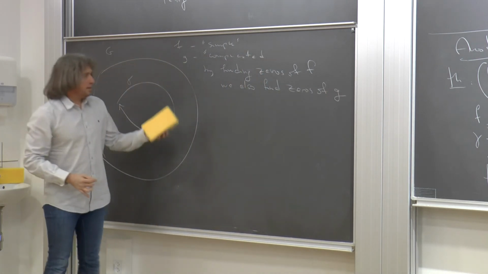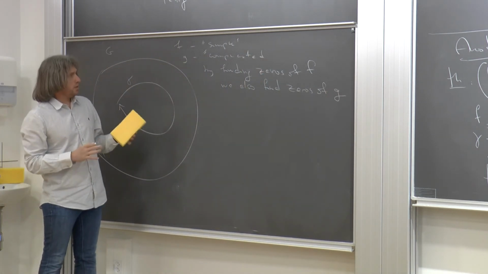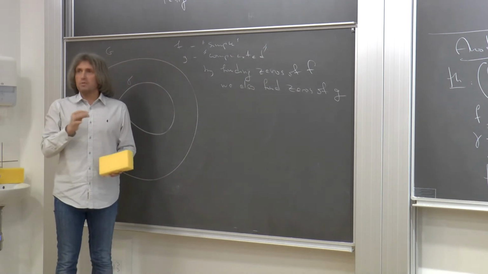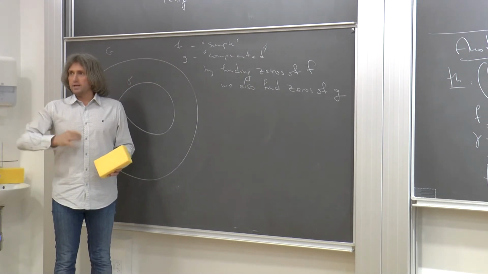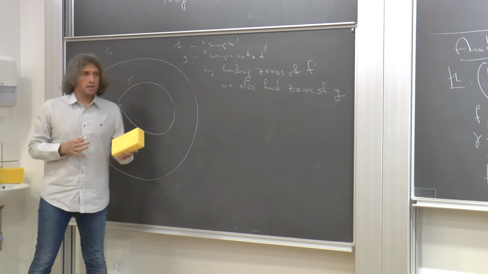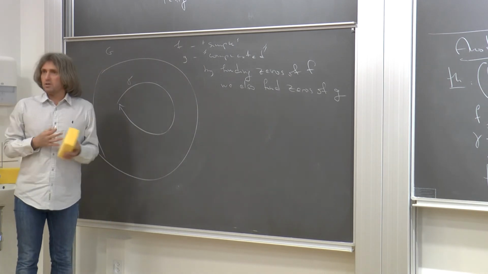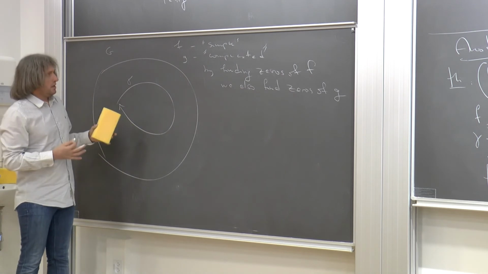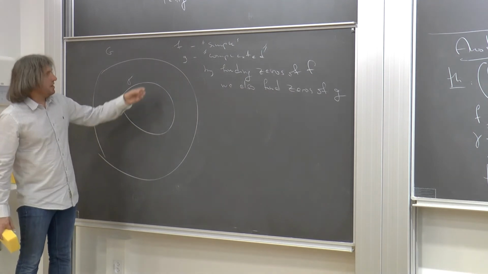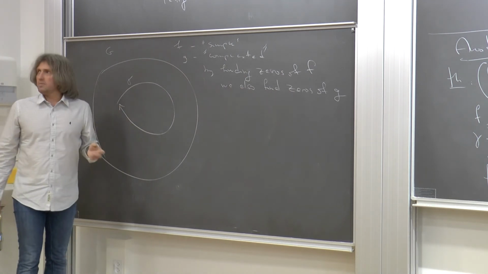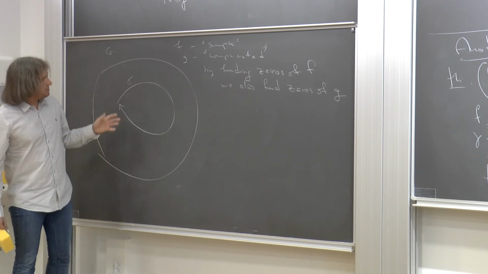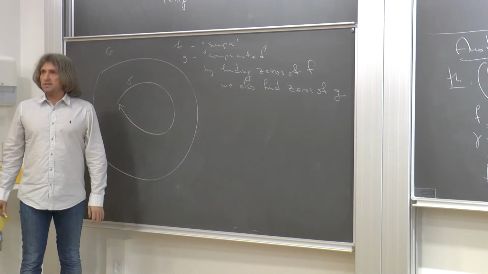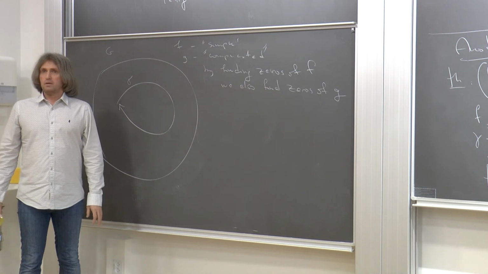So you should think about the following example, when f maybe is a monomial z to the n, and g is some other polynomial of degree n. Okay? Then I'm kind of approximating one by the other. I mean, probably we won't have time for this today, but one of the applications of this is another proof of the fundamental theorem of algebra.